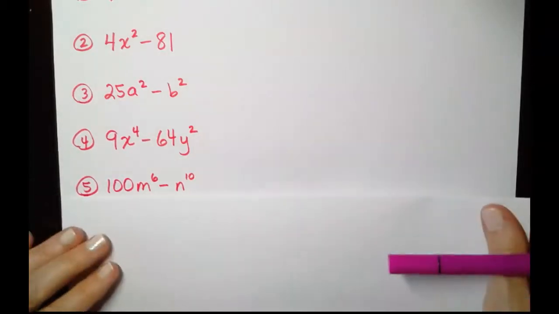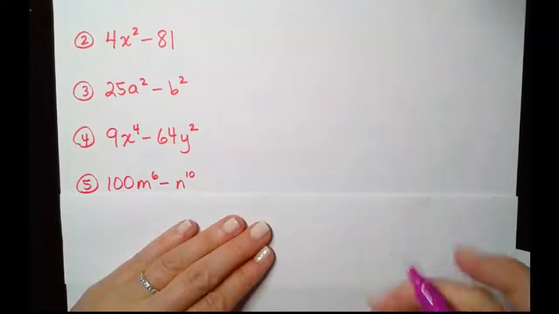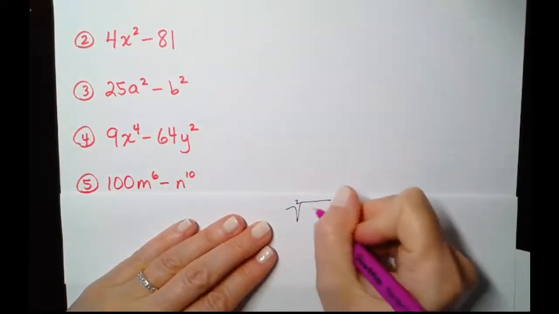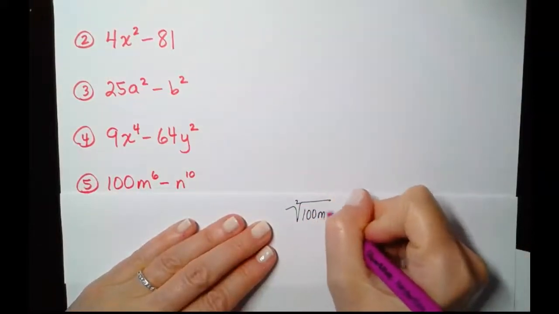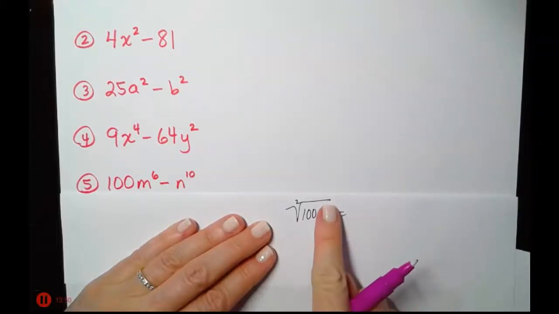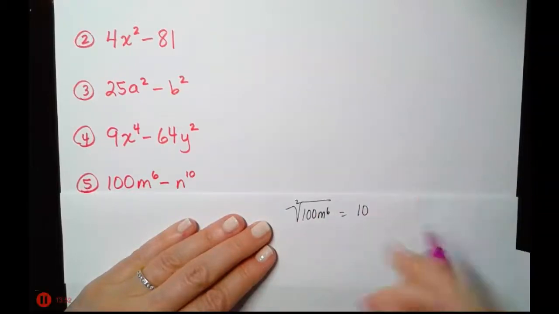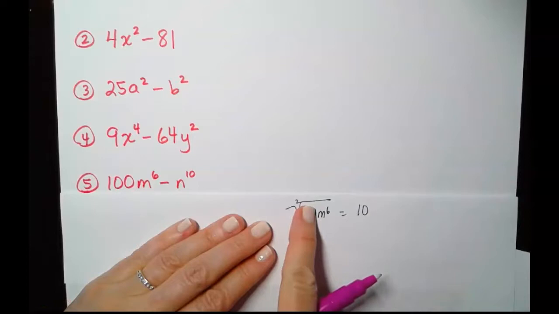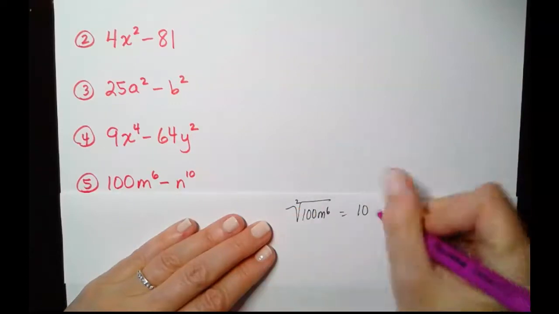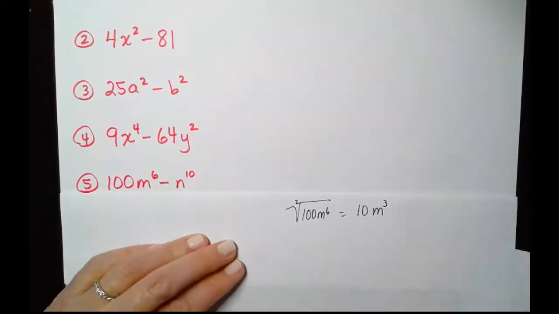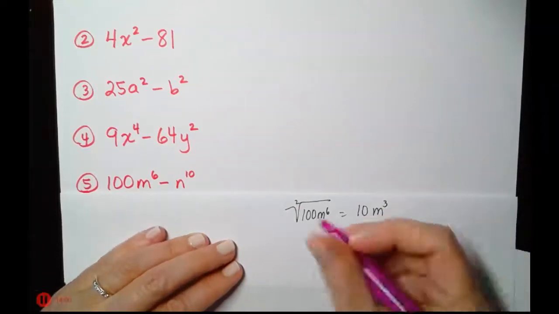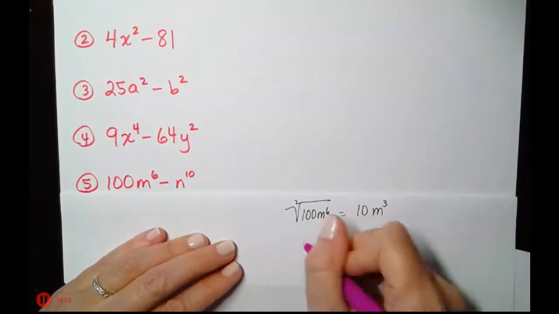Number 5, 100 m to the 6th minus n to the 10th. The square root of 100 m to the 6th. The square root of 100 is 10. The square root of m to the 6th, 2 goes into 6, 3 times. So the square root of 100 m to the 6th is 10 m to the 3rd.